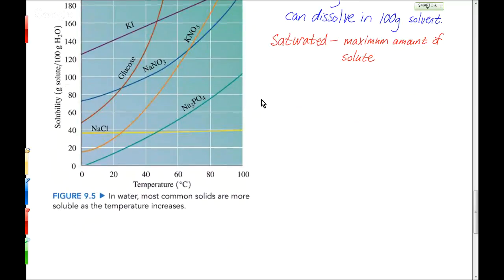The other exception to this is gases. Gases have the opposite behavior. And what I mean by that is, let's say you have a gas dissolved in water, like a carbonated beverage. What's your favorite carbonated beverage? Anybody have a favorite? Nobody really likes it?